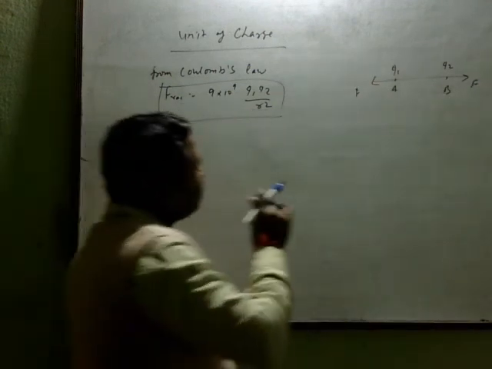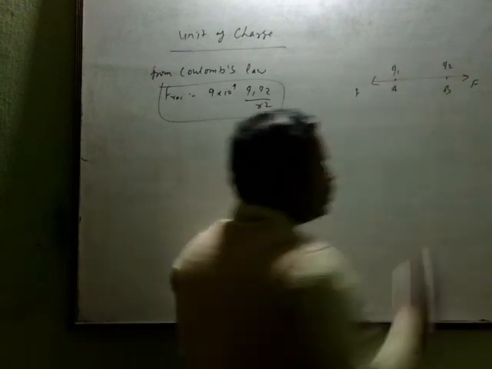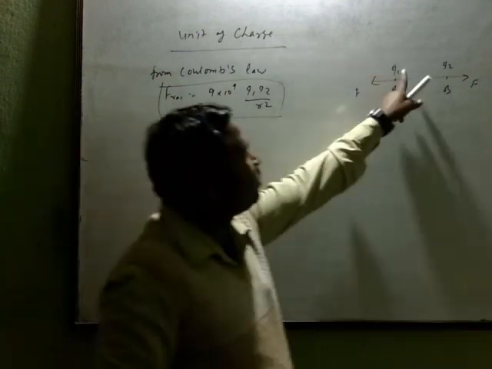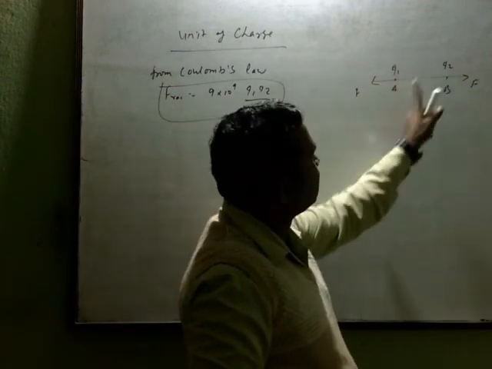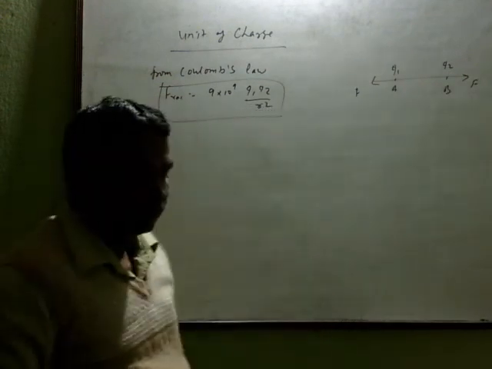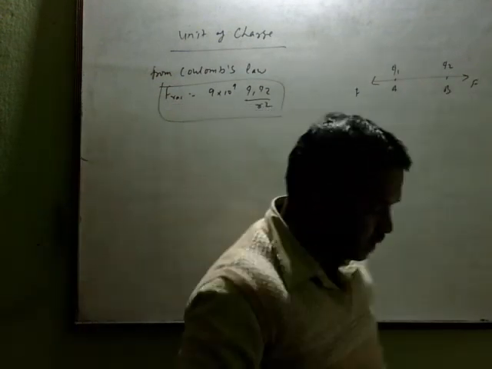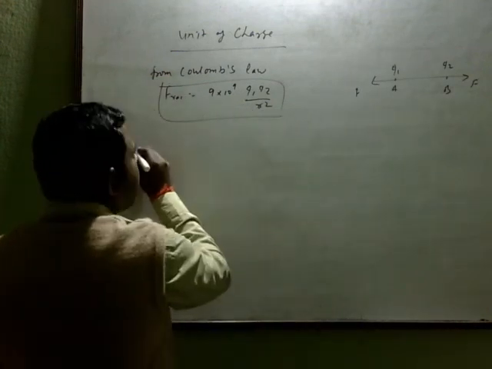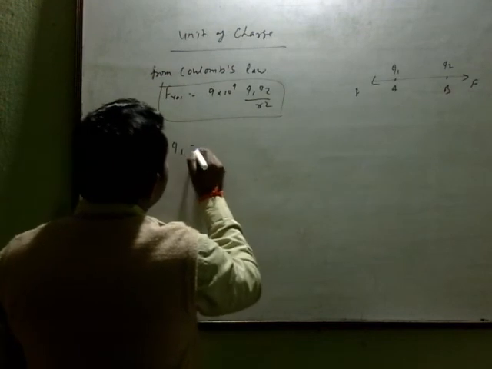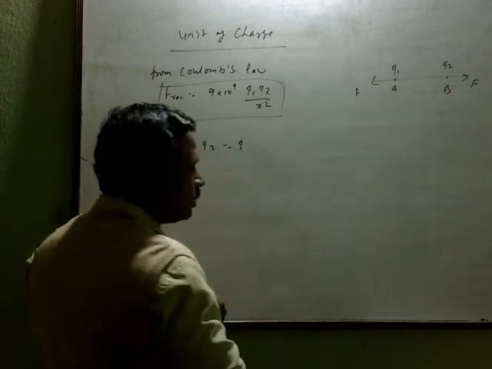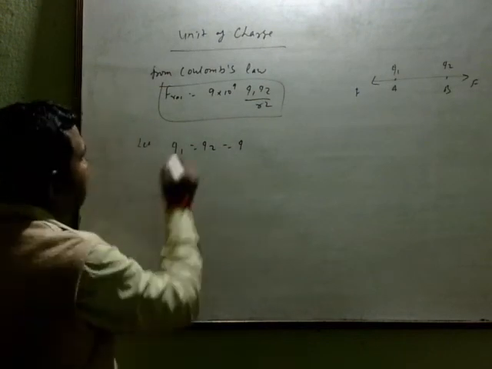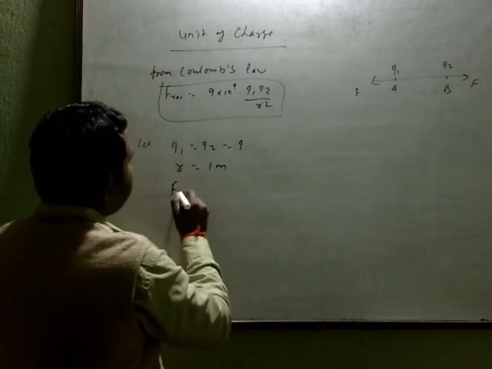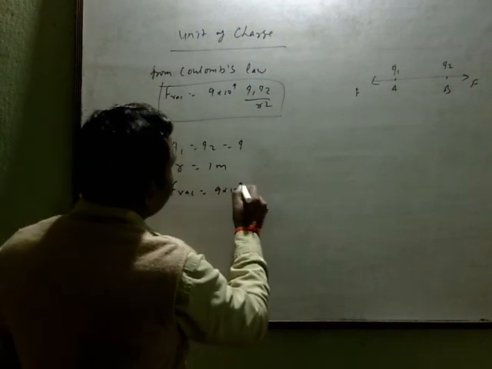Now assume that Q1 and Q2 have the same magnitude and the distance between them is 1 meter. So let Q1 equal to Q2 equal to Q, and R equal to 1 meter, and F vacuum equal to 9 into 10 to the power 9 Newton.